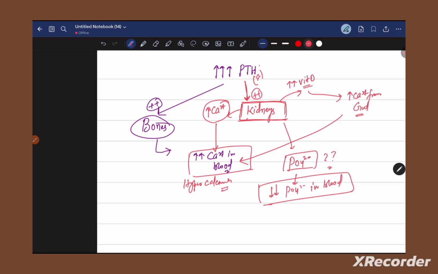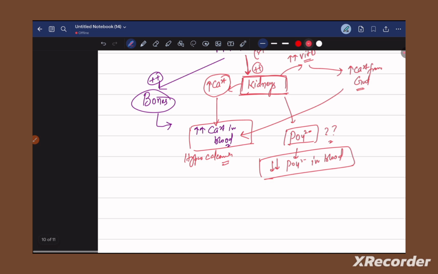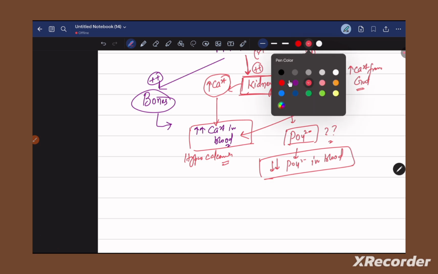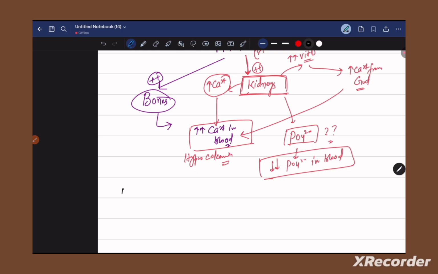Okay, so what will be the findings in primary hyperparathyroidism? Let me sum up. First, there will be hypercalcemia.